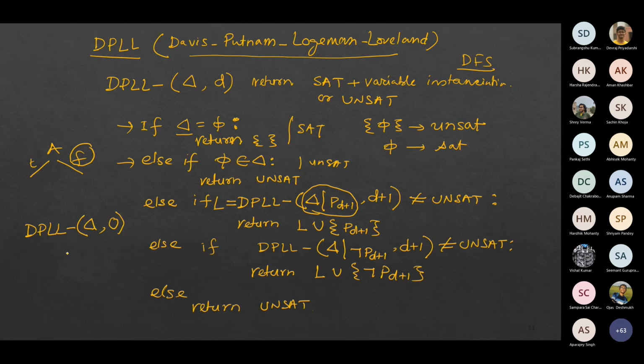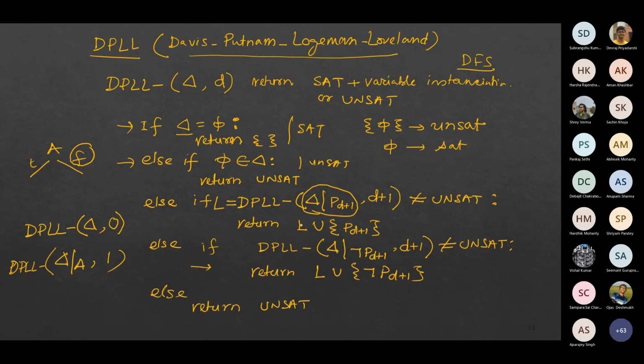And in the next level, we are choosing, say, A, right? So we'll be conditioning delta over A, and we'll be setting D to be 1. So our next call will be DPLL minus delta condition over A and depth 1.